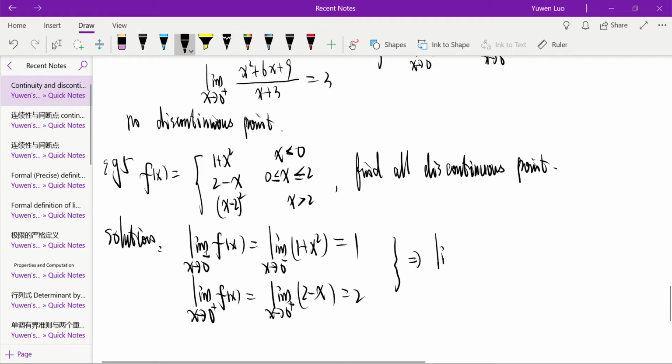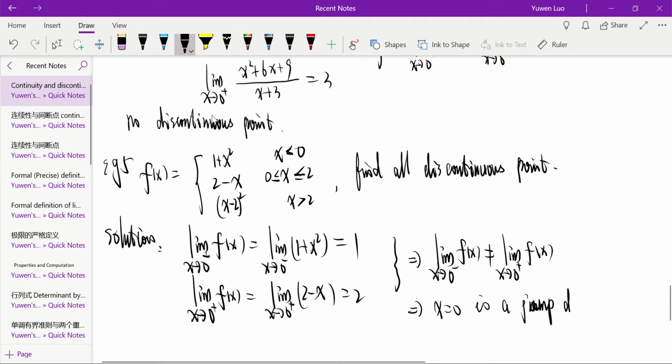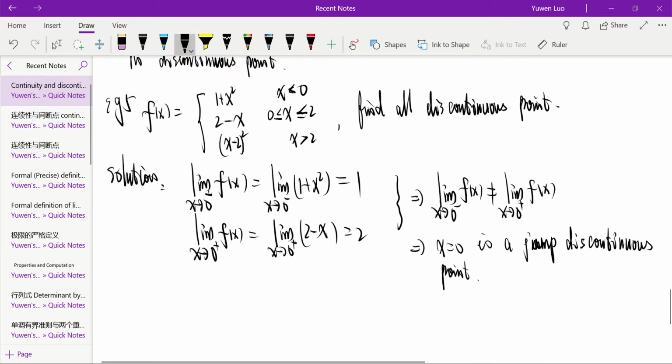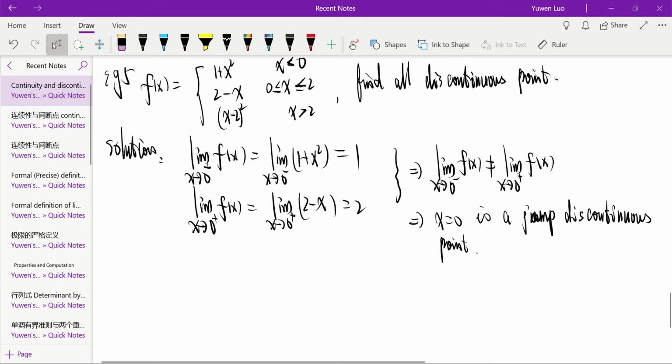So the left limit does not equal the right limit. So x equals 0 is a jump discontinuous point. That's the left limit and the right limit at x equals 0.